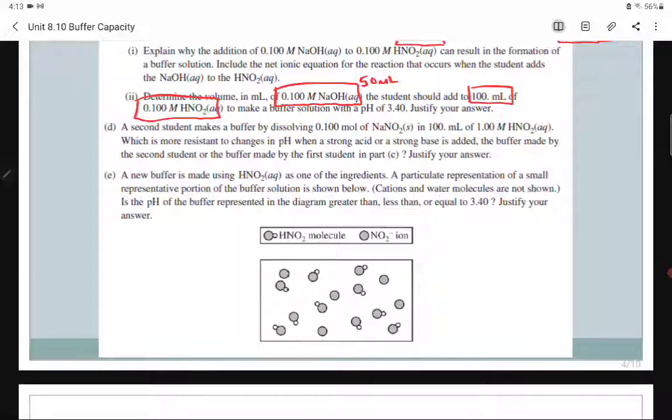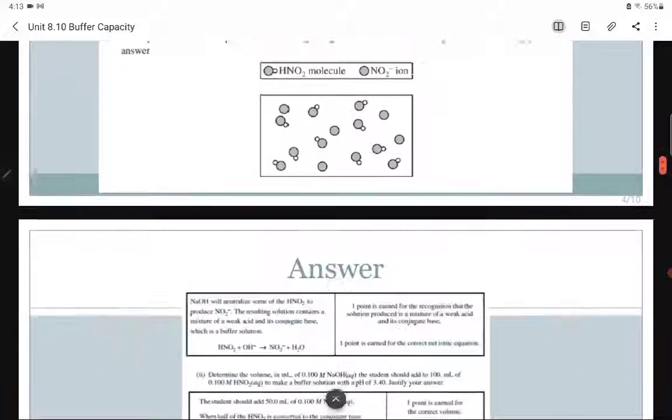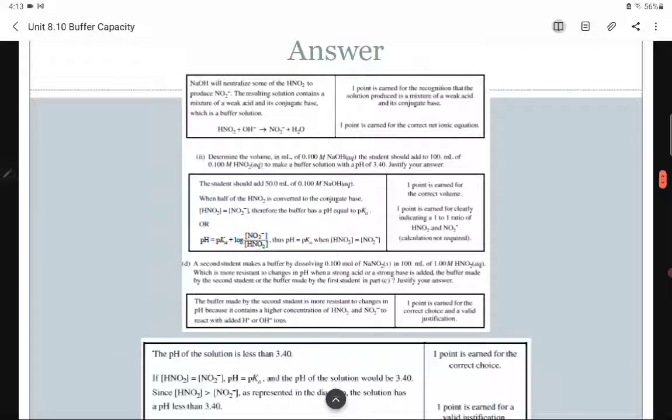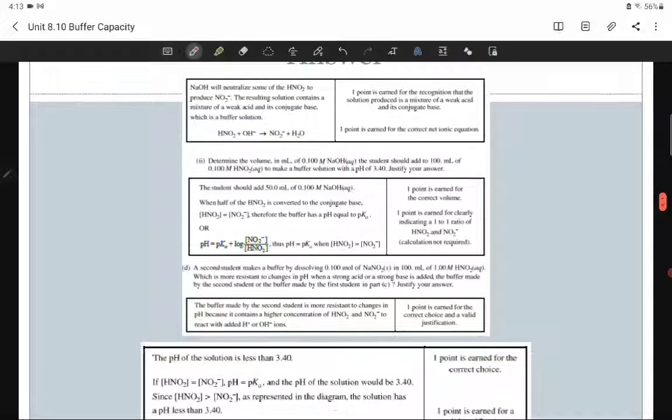Let's double check those answers for part C. There is our net ionic, and there's our 50 milliliters I mentioned. If you had 50 milliliters, those two amounts would be identical, and the pH would equal pKa.